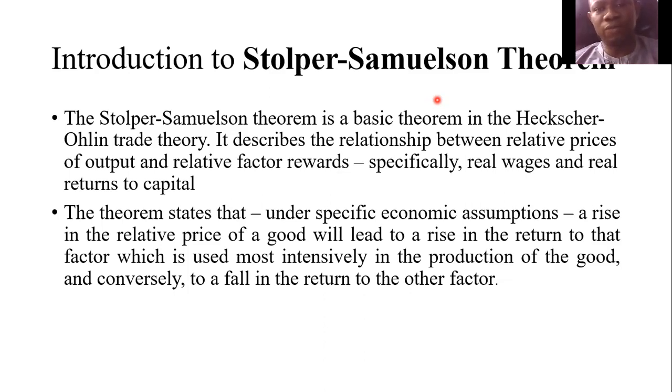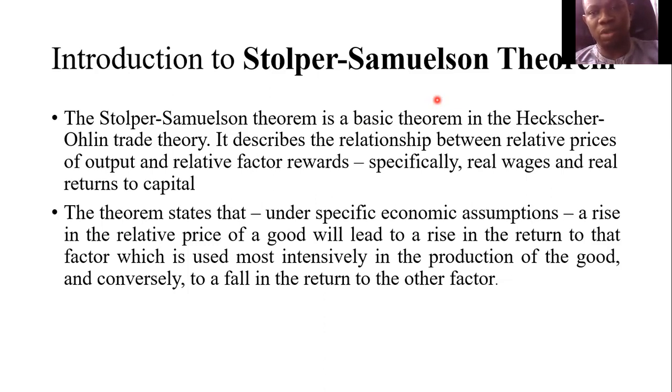That is, if the reward that goes to a particular commodity increases, the demand for the factor that is used intensively in the production of that commodity is going to increase. And if it increases, production is likely to tend towards that particular commodity, because the reward for that factor used intensively has increased.